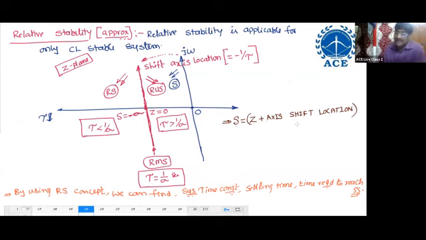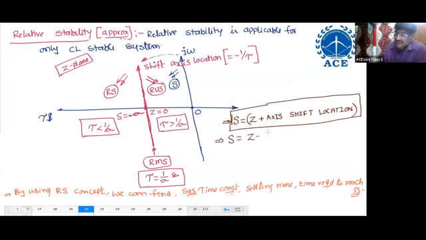In case they give a time constant, S equal to Z minus 1 by tau. Check whether the time constant is greater or lesser; like this, they will give S equal to Z minus 1 by tau.